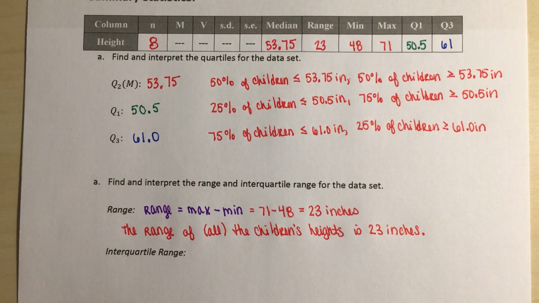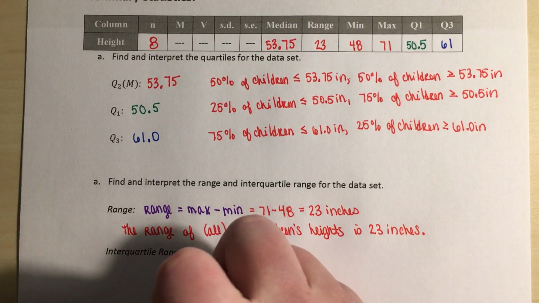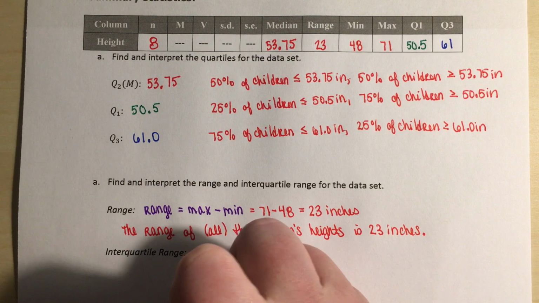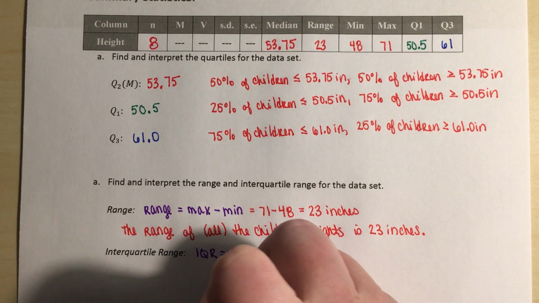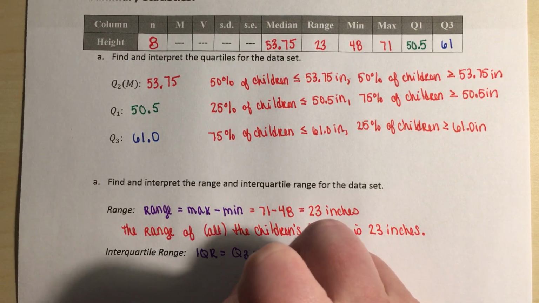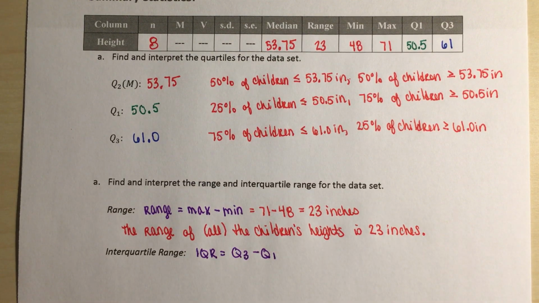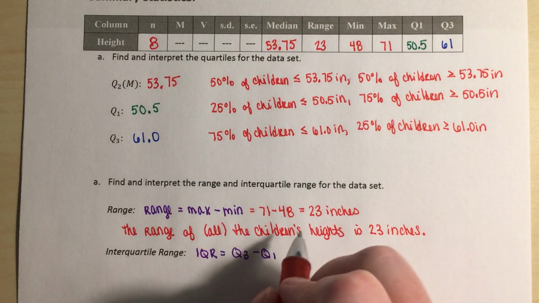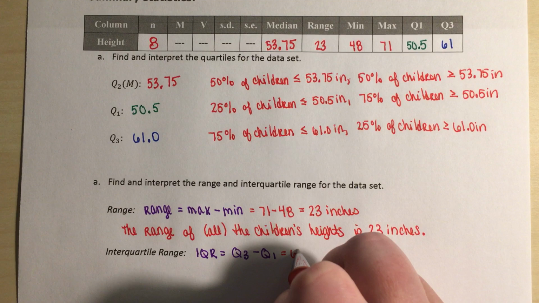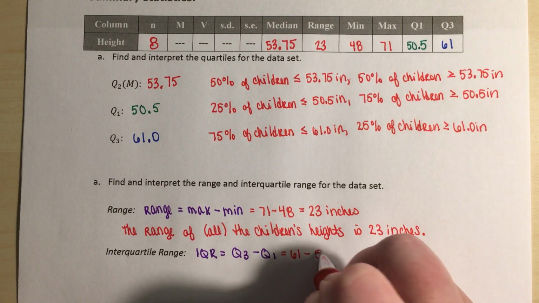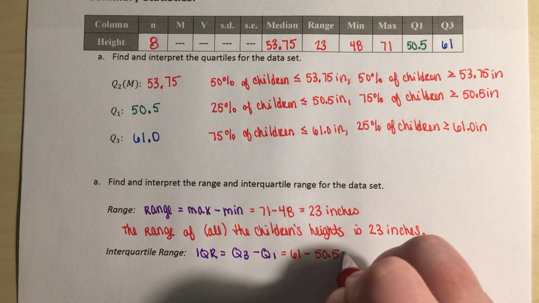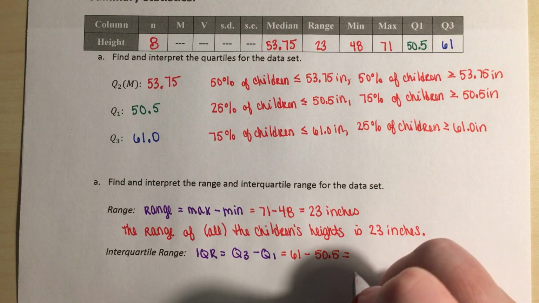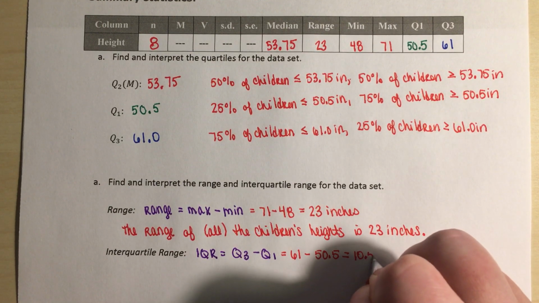Okay. Then for our interquartile range, remember our interquartile range is Q3 minus Q1. So in our problem, that is 61 minus 50.5, which gives us 10.5 inches.